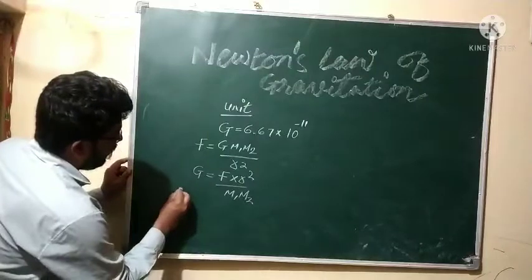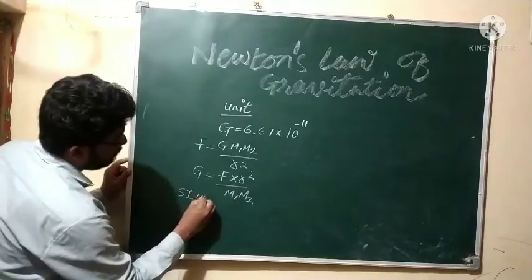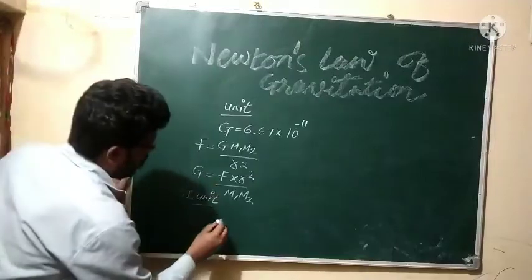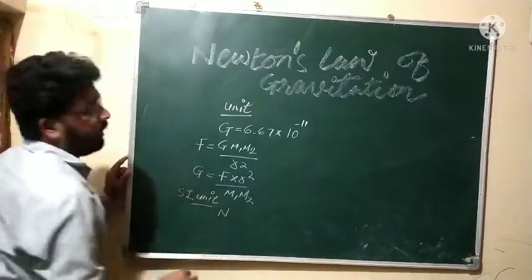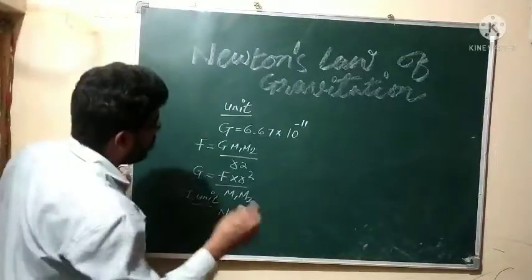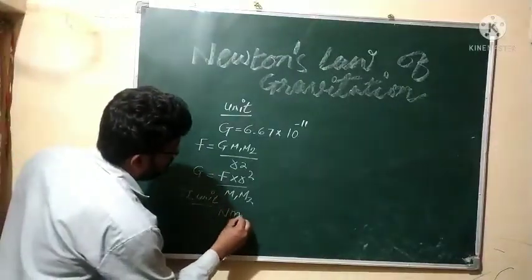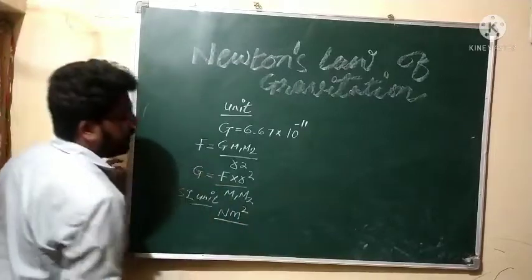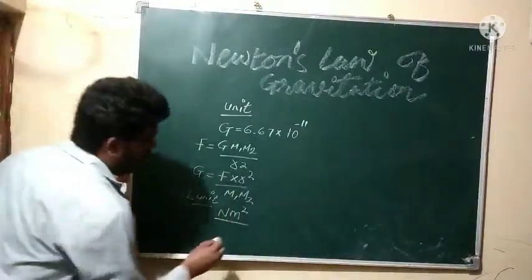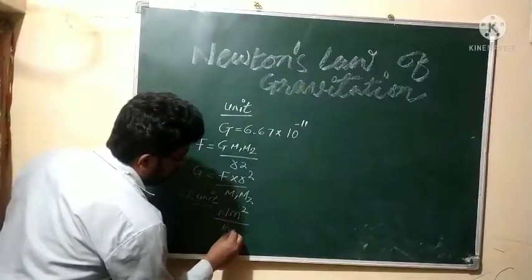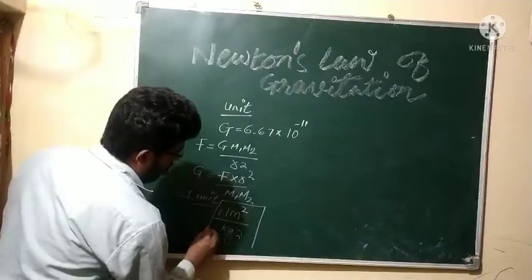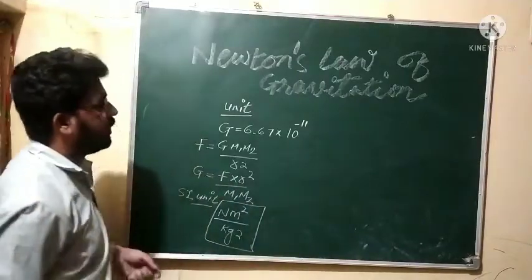We know that in SI unit, F is written in Newton. Here r, which is the distance between our two masses, is written in meter, so it becomes meter square, and the mass, which in SI is written as kg, becomes kg square. So this is the SI unit of our universal gravitational constant.